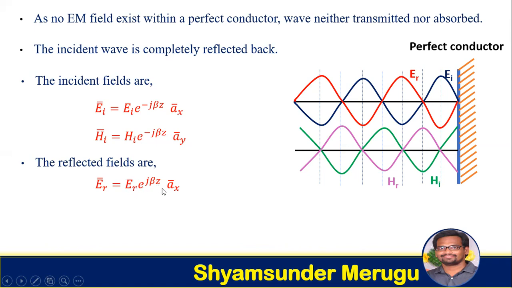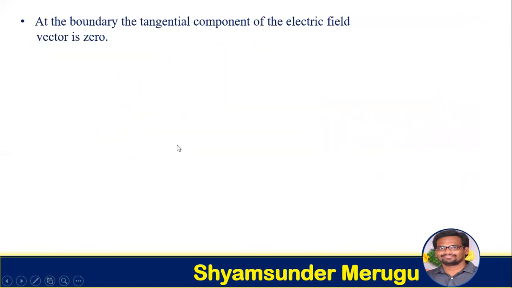Here e power j beta z indicates that the wave propagation is along the negative z direction. E_R is the magnitude and a_x bar indicates the orientation of the electric field along the x-axis. Coming to H_R bar, it is given by H_R e power j beta z a_y bar. H_R is the magnitude. e power j beta z indicates the wave is propagating along the negative z direction and that field is oriented along the y-axis.